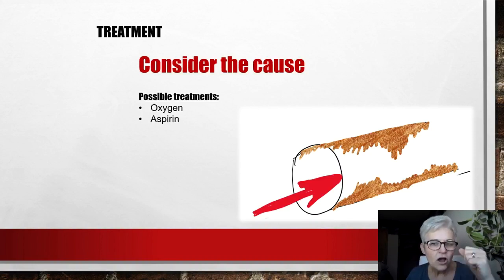So depending on how much of the artery is plugged is going to determine how much oxygen is getting through. We're going to start to see chest pain in our patients with plaque buildup or an occluded coronary artery once it gets enough that it's starting to keep the oxygen from being adequately delivered to those cells.